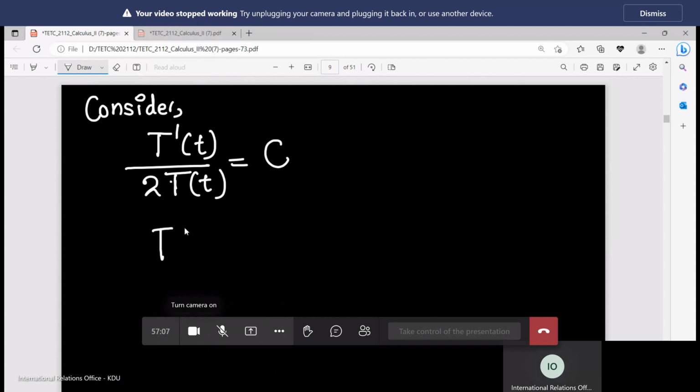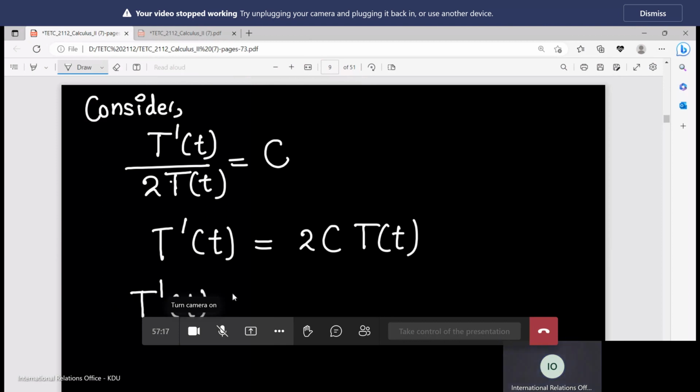So we have to cross multiply first. T dash t is equals to 2c T of t. Then we have to bring this into this side. T dash t minus 2c T of t is equals to 0.